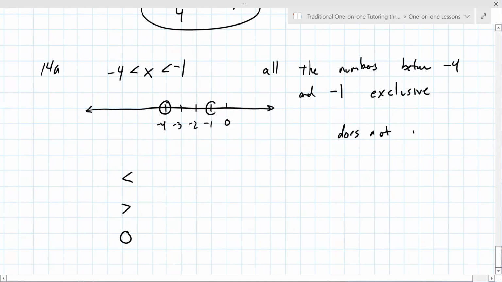Then you shade everything in between those two places.